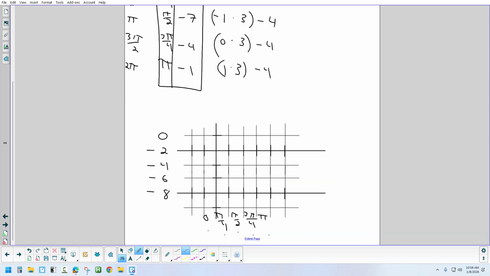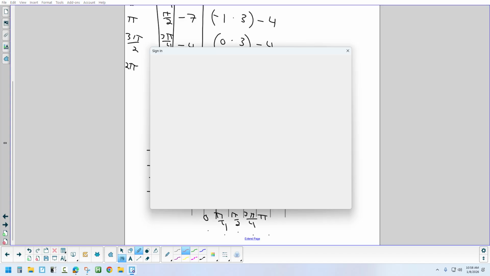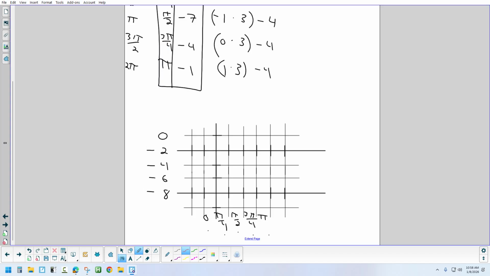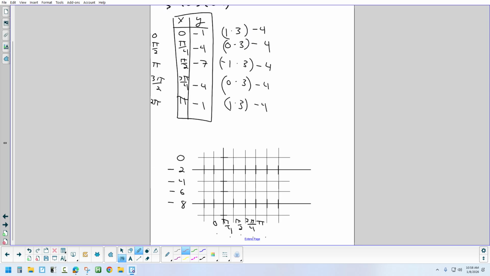Okay, so we got 0, negative 1. Let me zoom out so I can see it. Okay, 0, negative 1 would be, let's see, so 0, negative 1. Pi over 4, we are at negative 4.